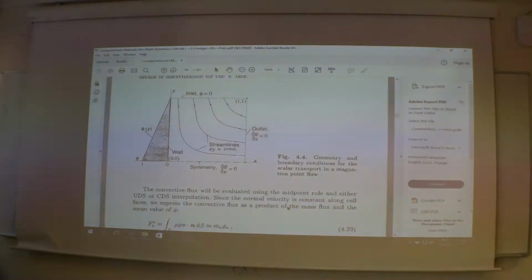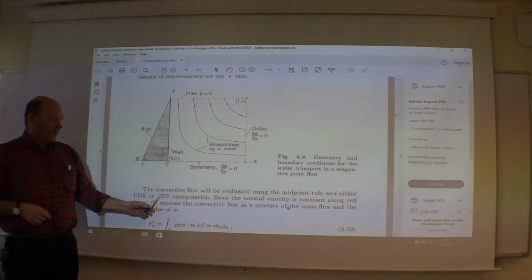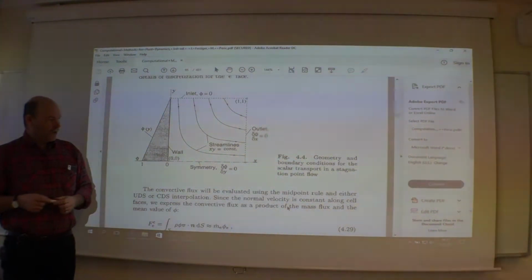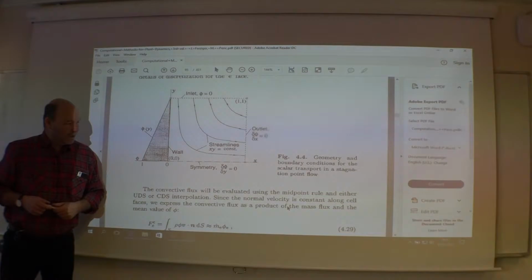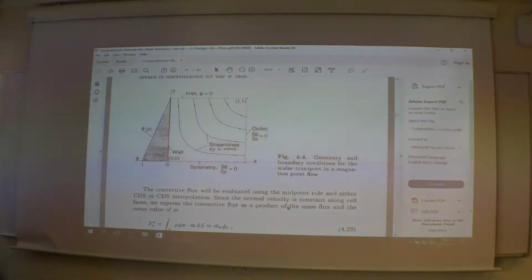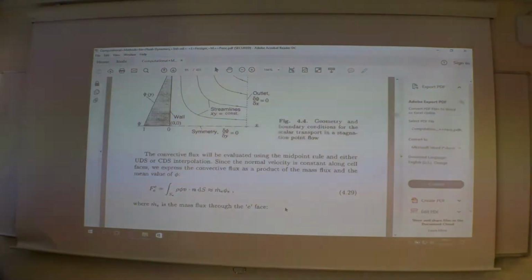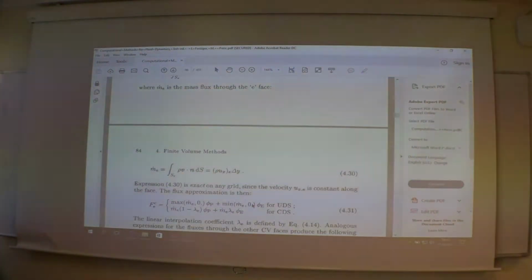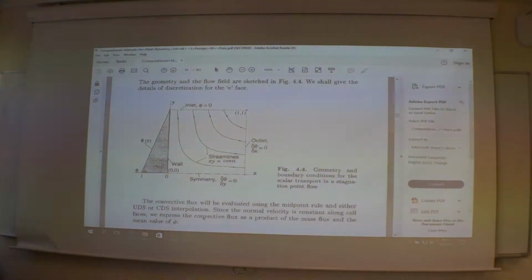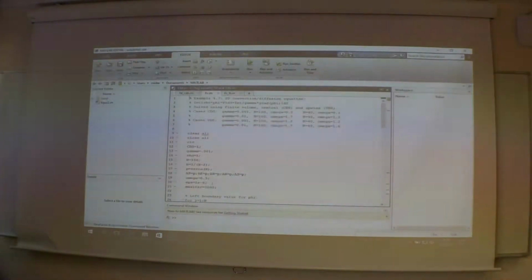And now we will try with both a UDS and a CDS, upwind and central scheme, to simulate this one. So then he goes through all the different fluxes needed to do the simulation, which we will skip and jump directly to the program.